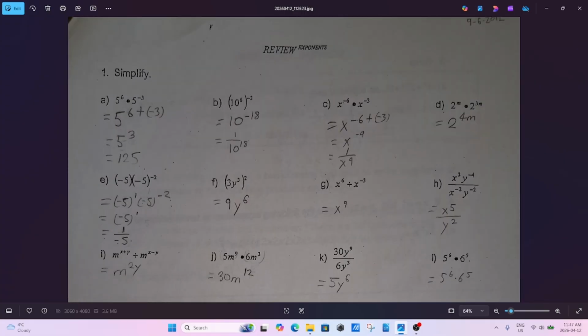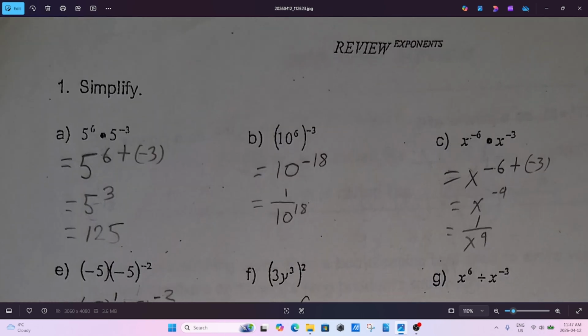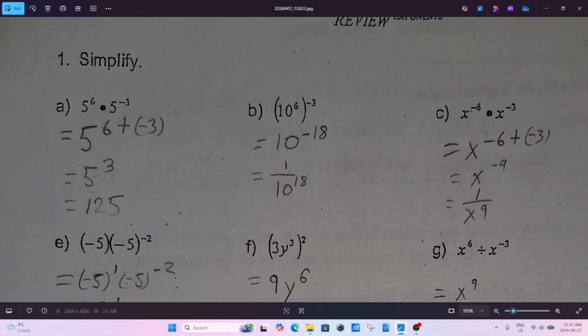So review exponents, simplify 1a. We have 5 to the 6 times 5 to the negative 3. So that's just 5 to the 6 plus negative 3. So that equals 5 to the exponent 3, which equals 5 times 5 times 5, which is 125.